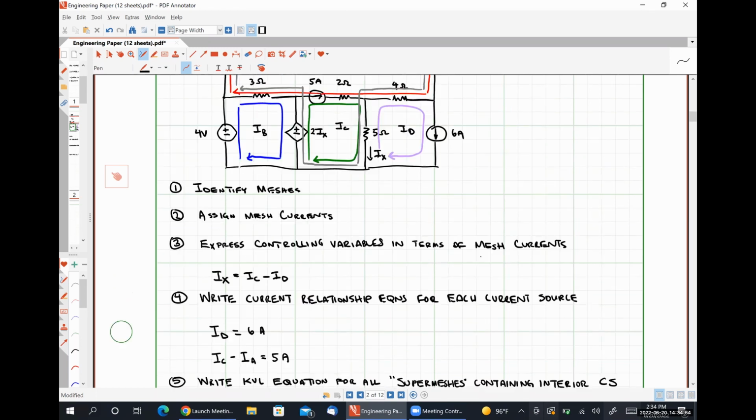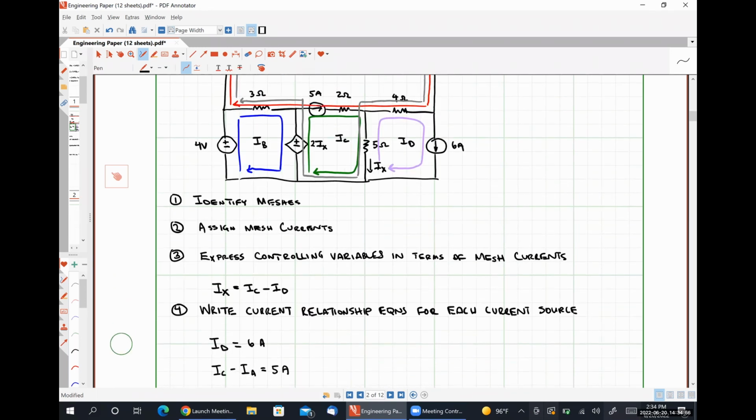As we follow our gray path, the next thing we see is the 5 ohm resistor. At this point along our super mesh path, we are now following mesh current IC. So we have 5 ohms times IC minus the opposite current ID.